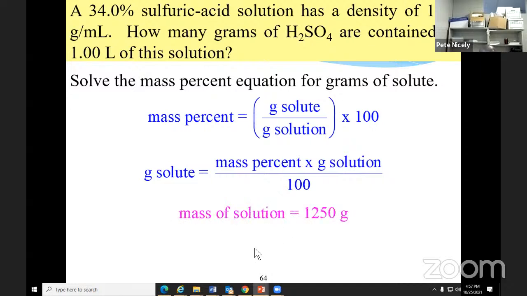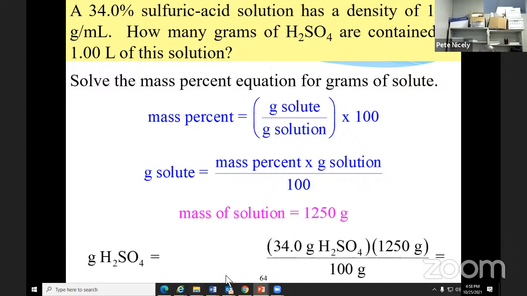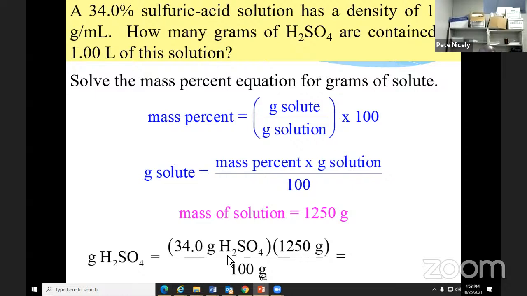So basically, let's move this up here. We multiply the 1,250 by the 34%, right? 34.0 grams divided by 100 grams, that's 34%. And when you do your number crunching, the answer is equal to 425 grams of sulfuric acid.